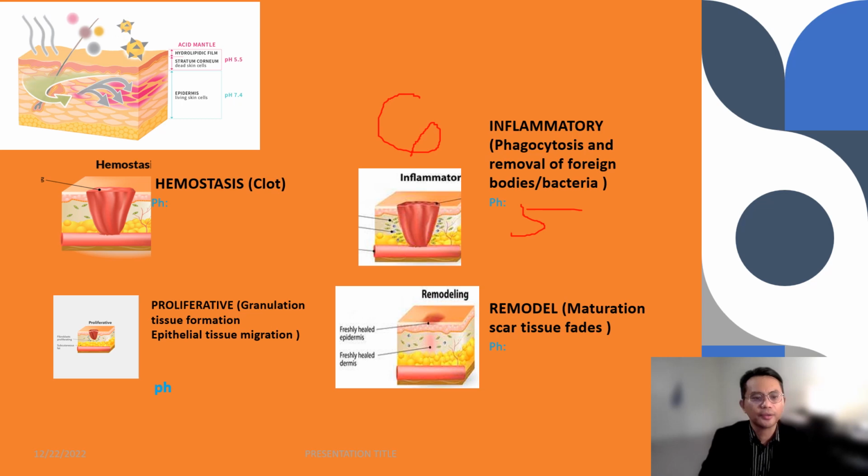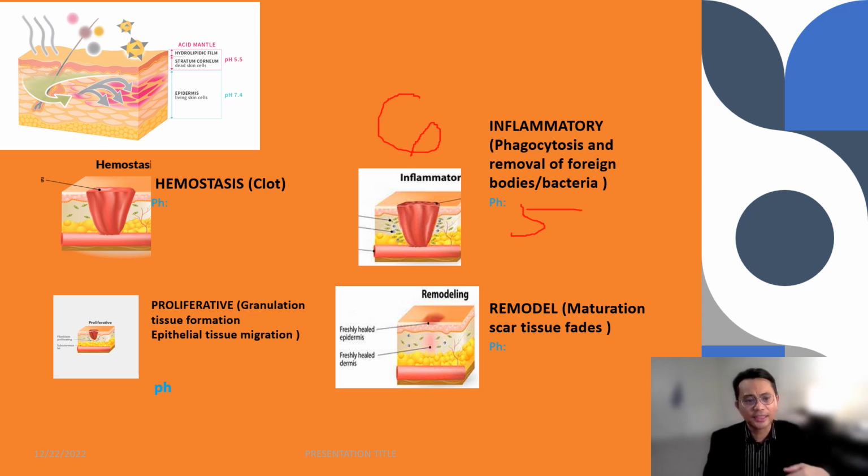There you go. Now, in the proliferative phase of healing, the vascular endothelial cells generate new capillaries. So remember that there will be now a process of angiogenesis. There's a granulation tissue formation. There's a proliferation of the fibroblasts. There's a migration of the fibroblasts into the wound matrix.